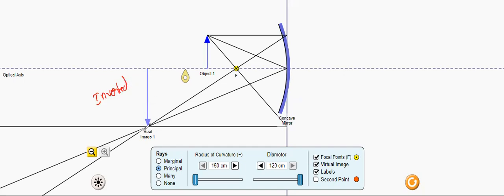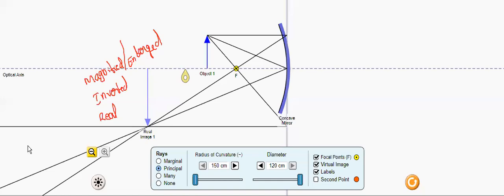Okay. And it is a real image. And if you notice here, the object size is smaller than the image. So image is magnified or enlarged. Okay. These are the properties of image.